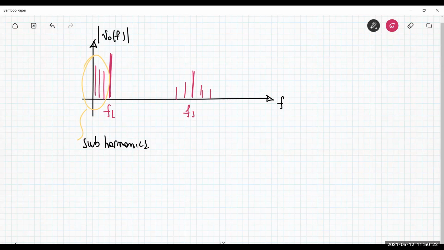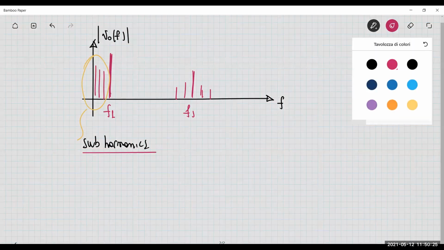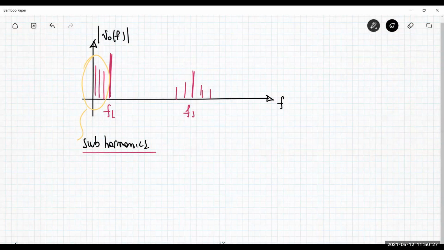Of course, the presence of subharmonics represents a drawback, because if you want to filter out this harmonic content in order to isolate just what you want to get at the output, a sine wave with frequency F1, this is not possible using a low-pass filter.